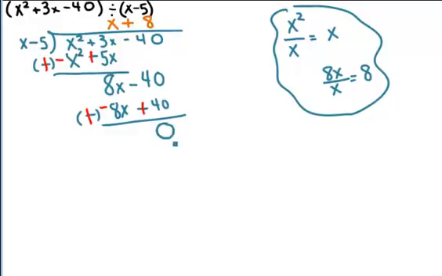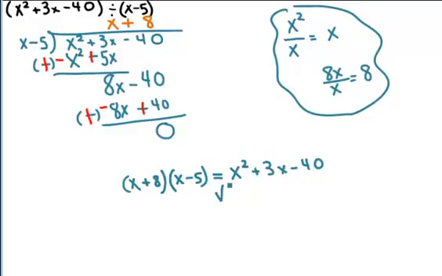When we have a 0 remainder, we realize then that x plus 8, the quotient, times x minus 5, the divisor, should multiply together to create the dividend x squared plus 3x minus 40. This check tells us, in fact, that we have divided correctly.